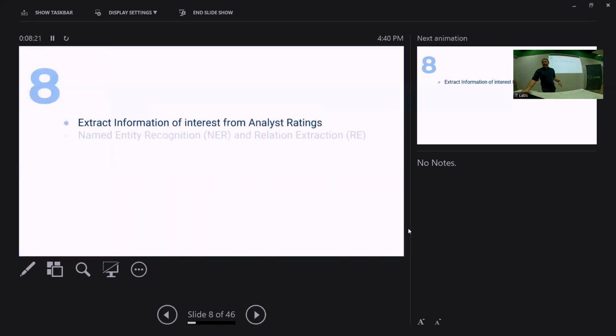The purpose of this presentation is to extract information which is of interest from analyst ratings. How to do it? We can do it only with the left side, which is named entity recognition, an NLP task, to find the important entities in the text.